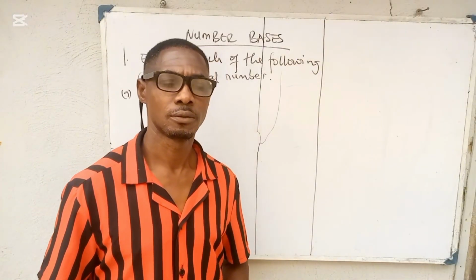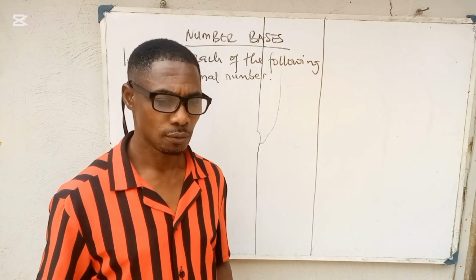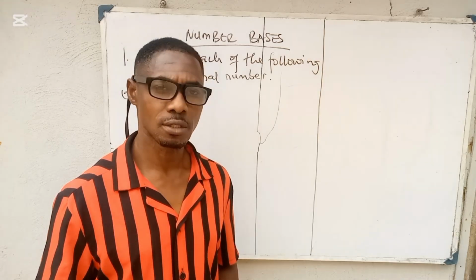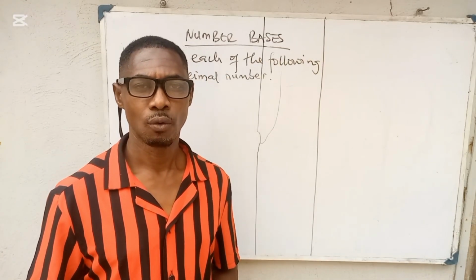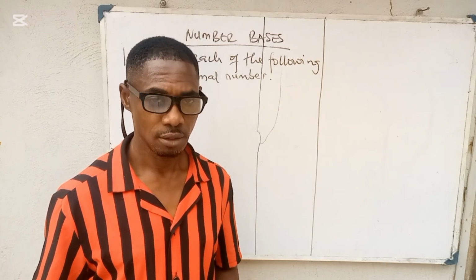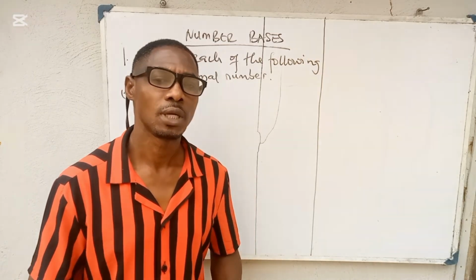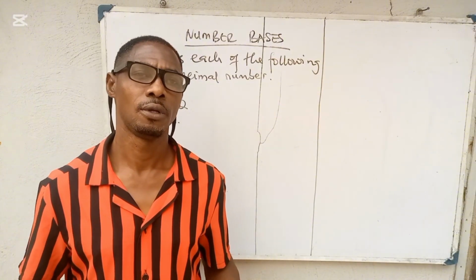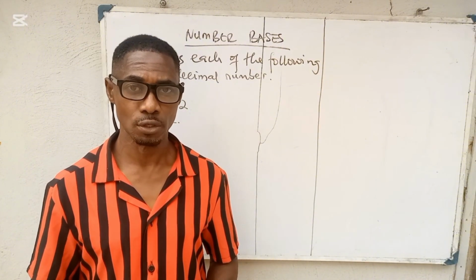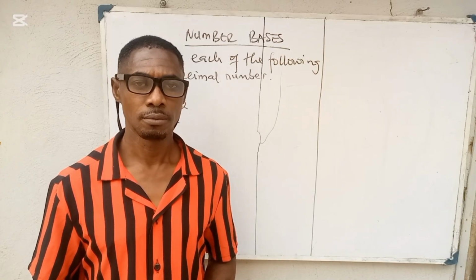Hi guys, in this video I would like us to look at what it takes to pass WAEC and JAMB as far as number bases are concerned. So we're going to be going through a whole lot of likely WAEC and JAMB questions, alright?